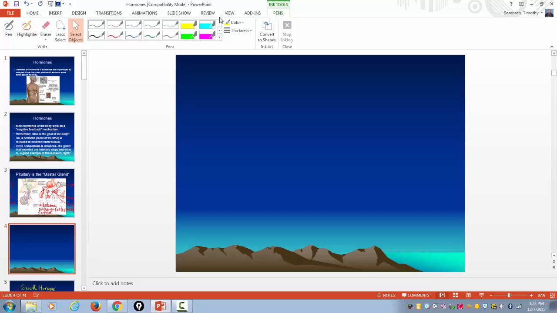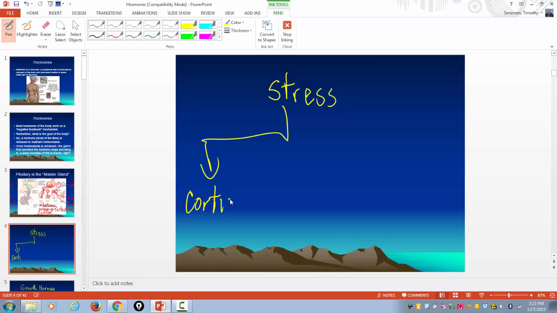So like being in nursing school or in my class, there are several stress hormones, but the big ones are cortisol and epi. And I'm going to try and simplify this for you as much as I can.